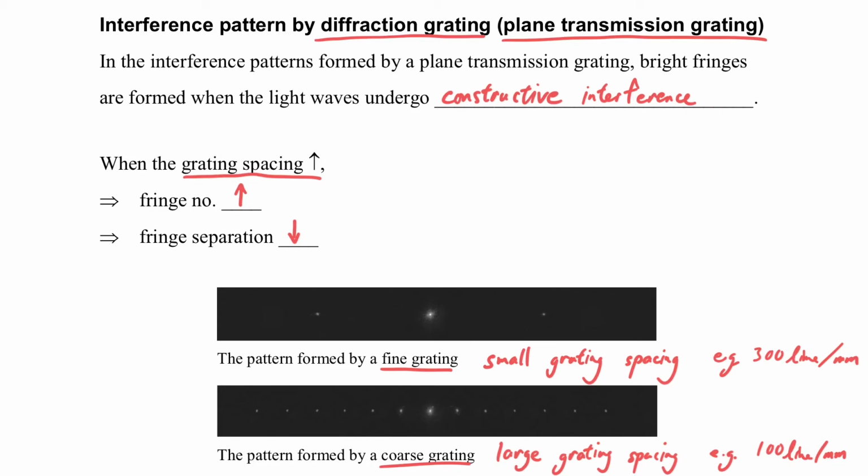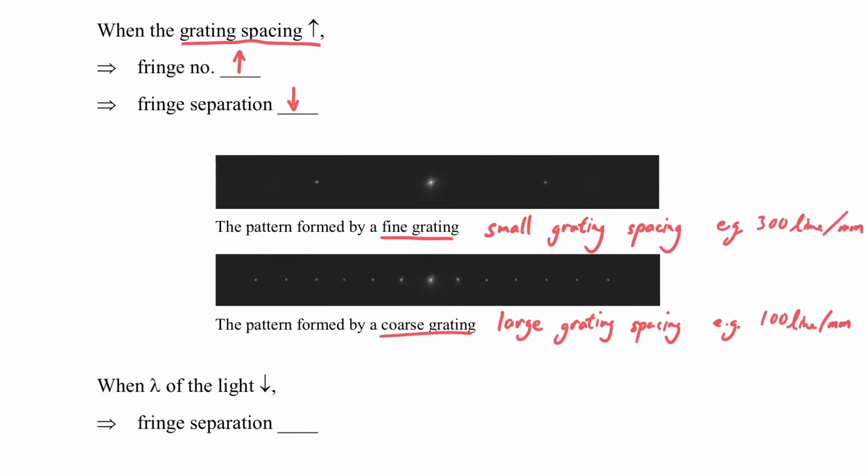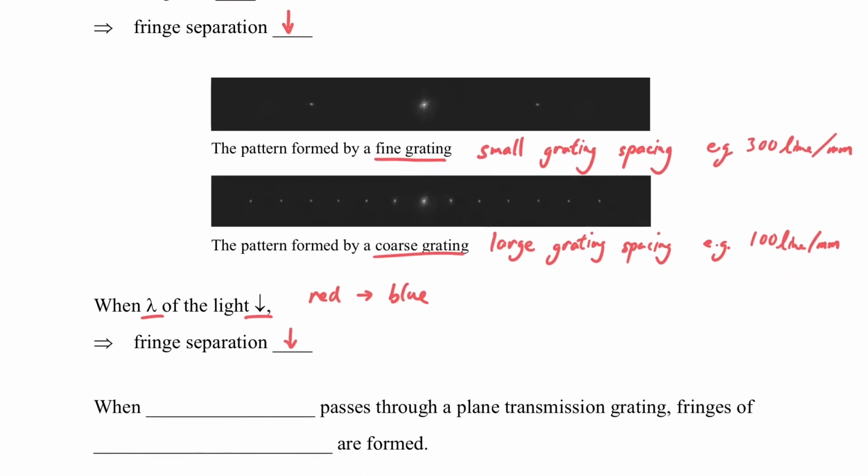And when the grating spacing decreases, the number of fringes will increase, and the fringe separation will increase, as shown in this figure. And when lambda, that means the wavelength of the light, decreases, what will happen? Firstly, from red to blue, which has the lowest wavelength?